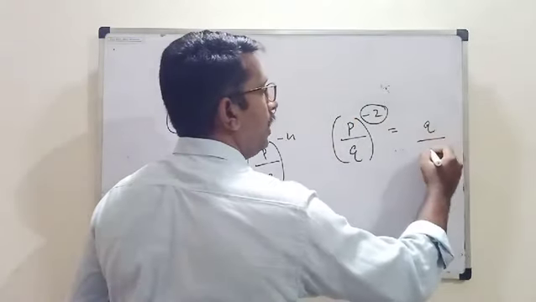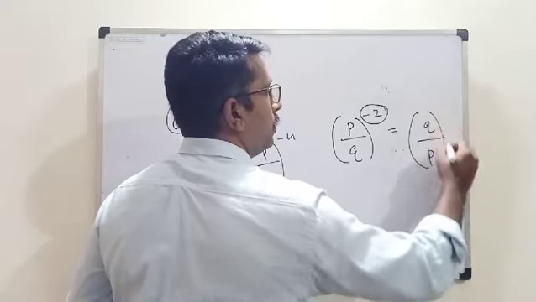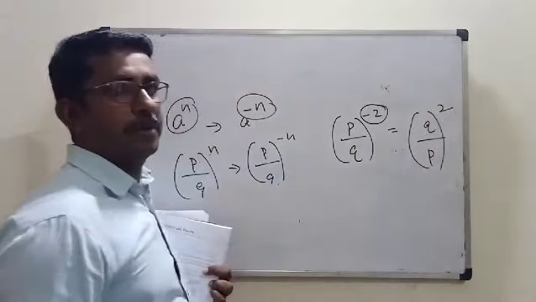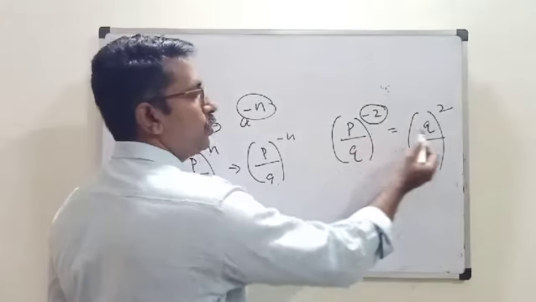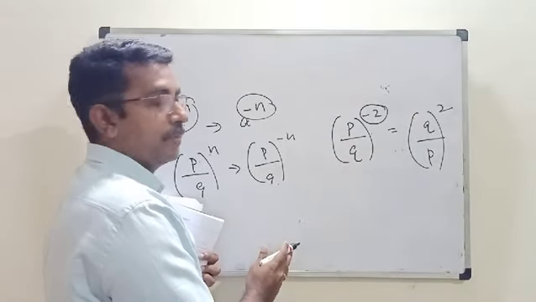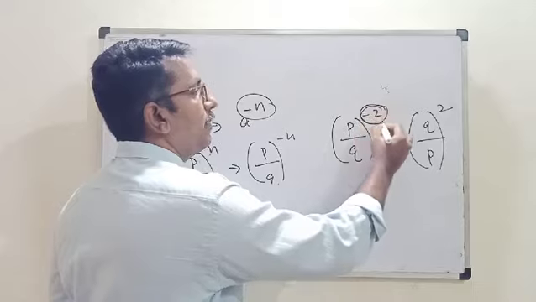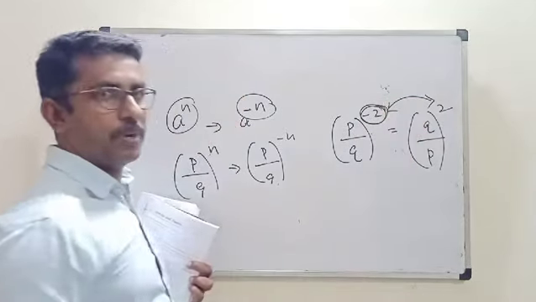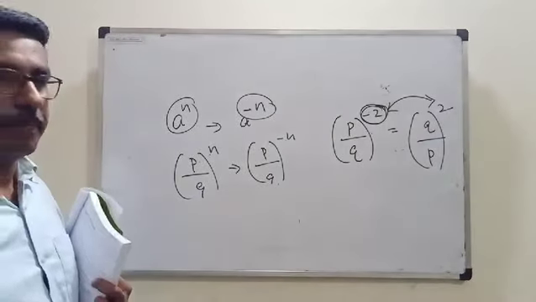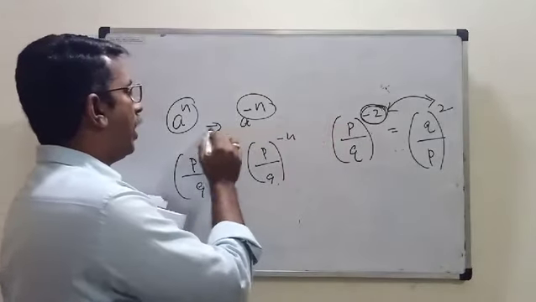Q by p to the power 2. Okay, so actually these two are same only. This is a negative exponent, we made it a positive exponent here. Got it? Understood clearly?